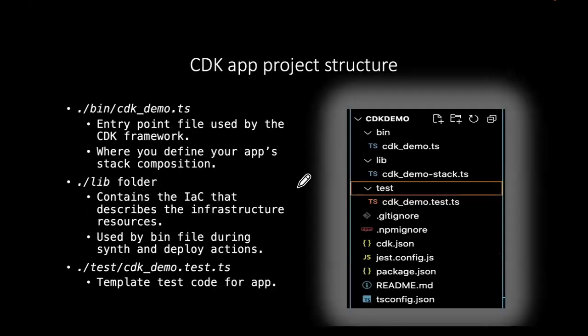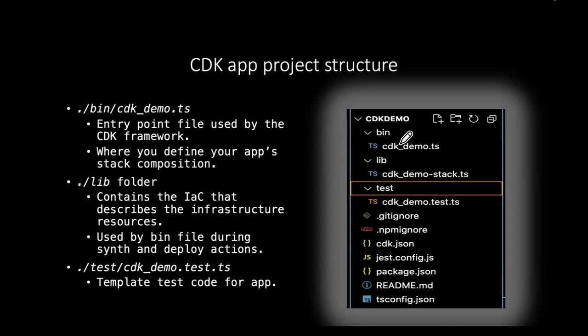This is the structure of a CDK project. This is the one that's created by the CDK framework when you run cdk init. Now you can add other folders to it if you want to, and we will later on. But the file in the bin folder, you tend to leave that structure alone.